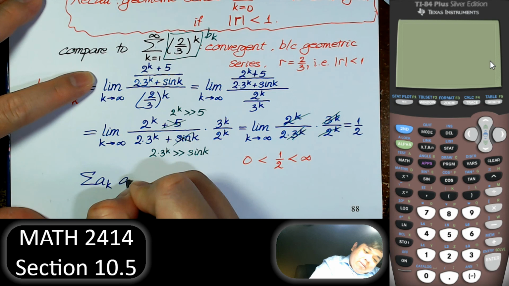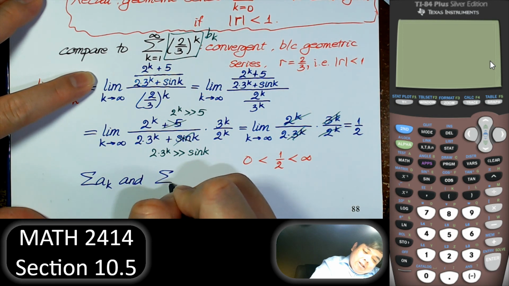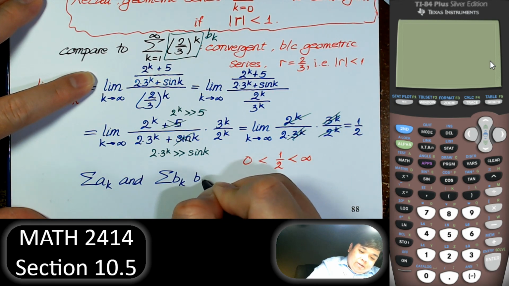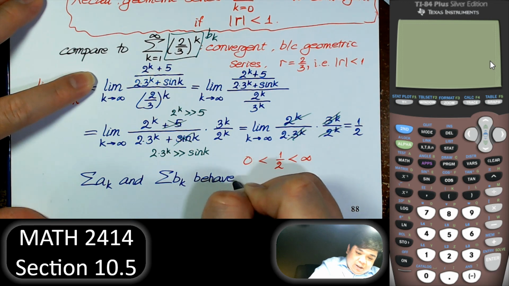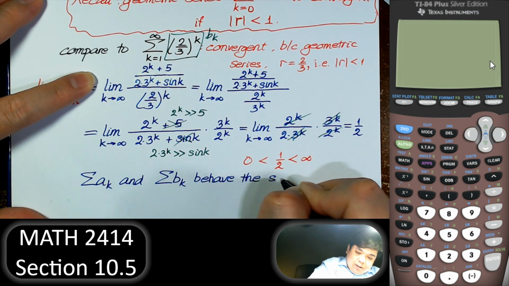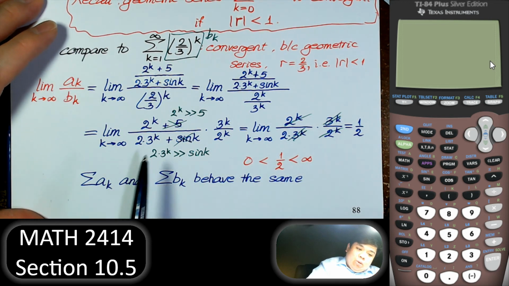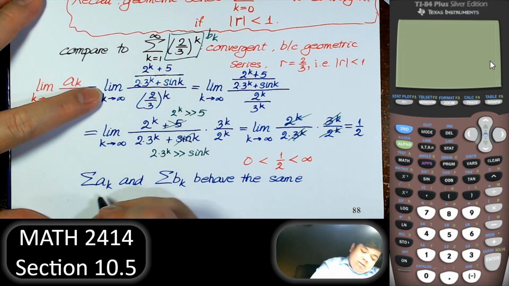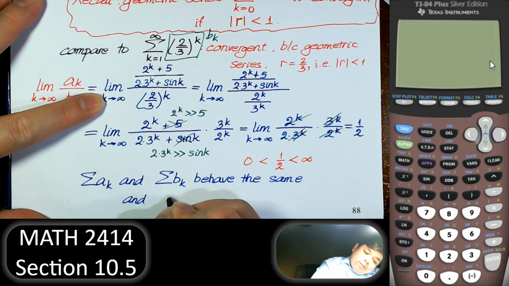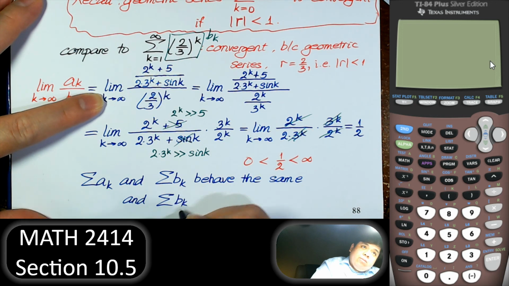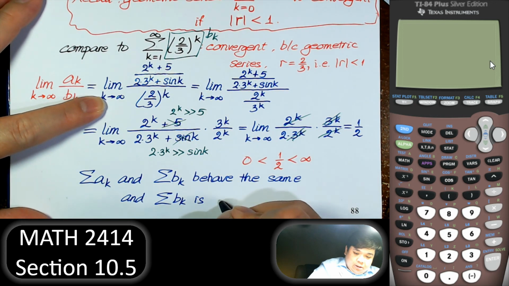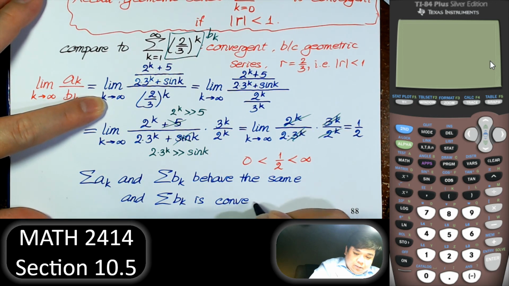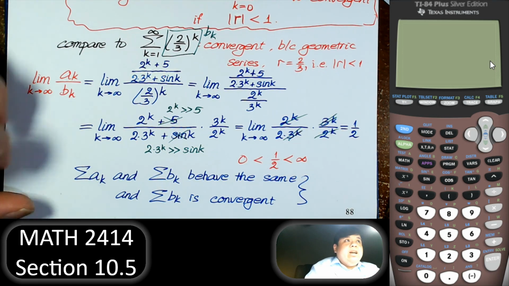So a of k and b of k behave the same, and we have b of k convergent, so a of k is convergent too.